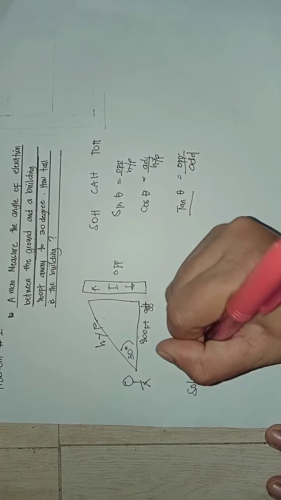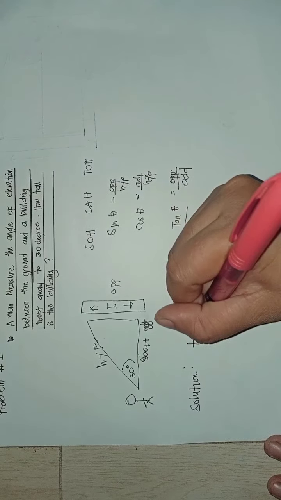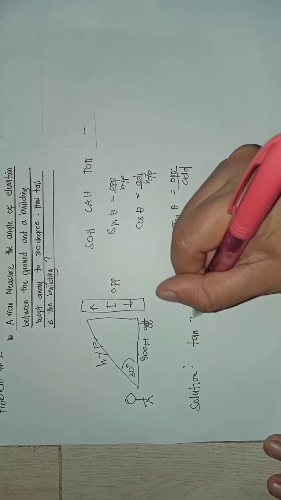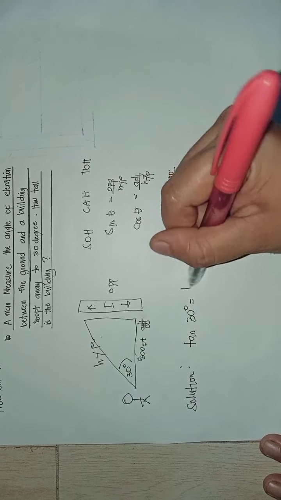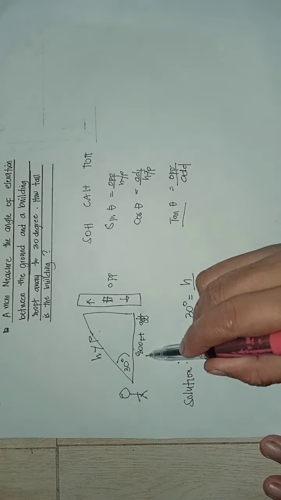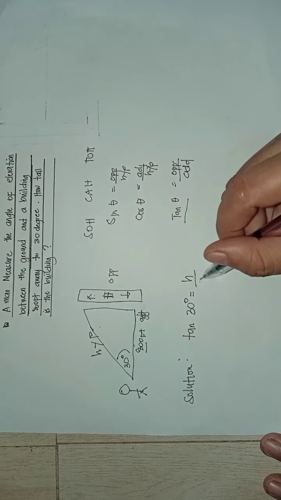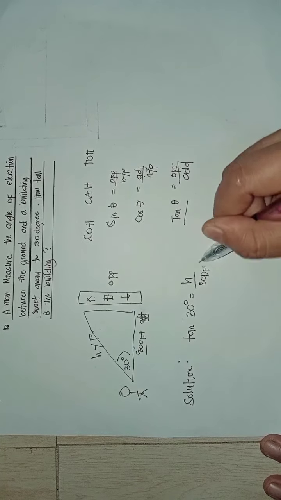Solution. We have tangent 30 degrees is equal to height, because we are finding the height of the building, over 800 feet, the adjacent. Now height is equal to 800 times tangent 30 degrees. Let's write it: tangent 30 degrees is equal to height over 800 feet.